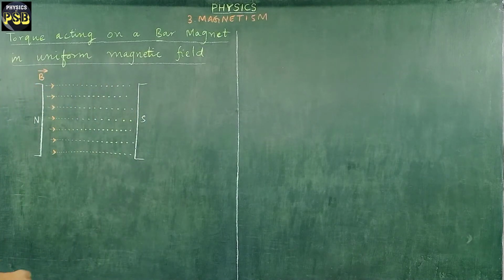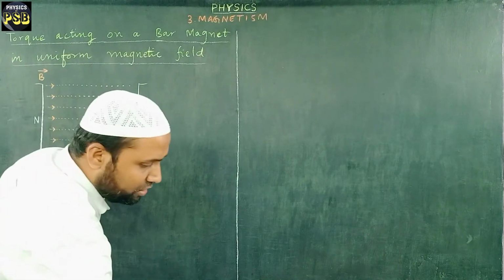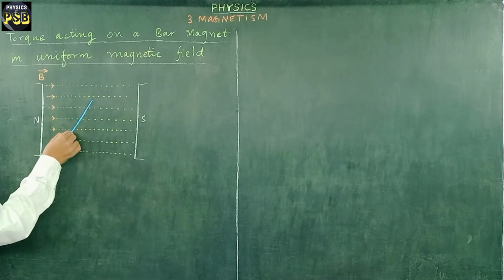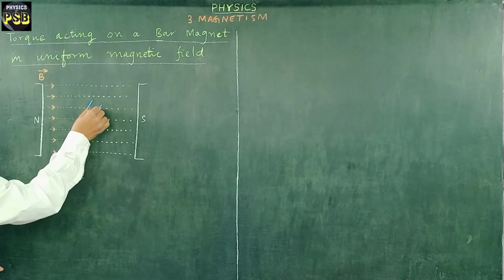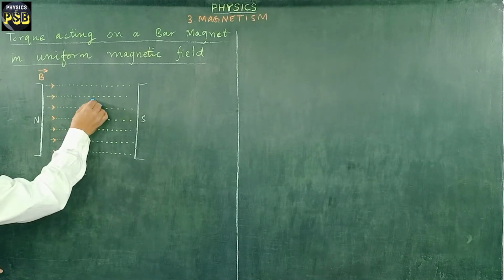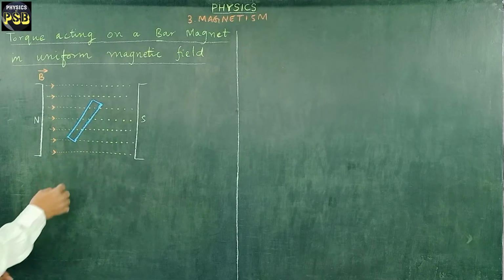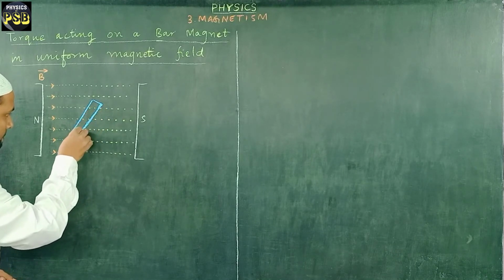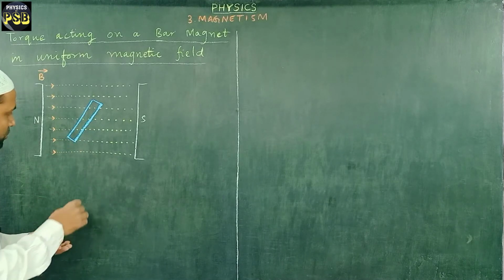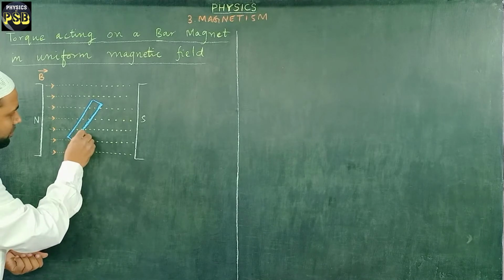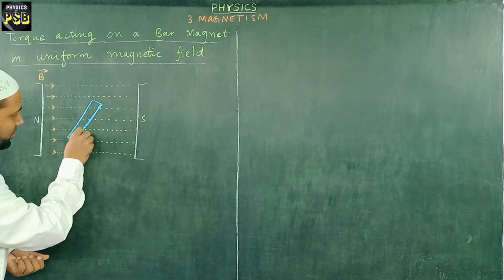Okay, now here in this uniform magnetic field, a bar magnet is placed this way. This bar magnet is inclined at an angle theta with respect to the magnetic field.